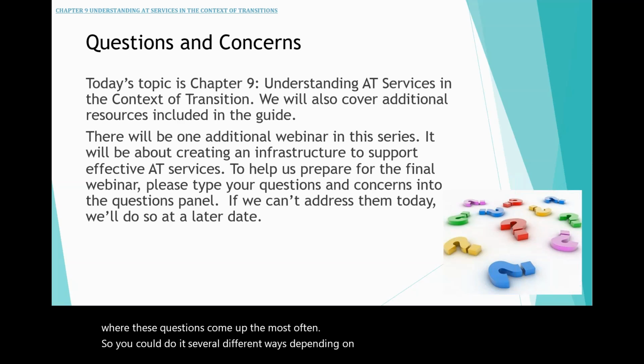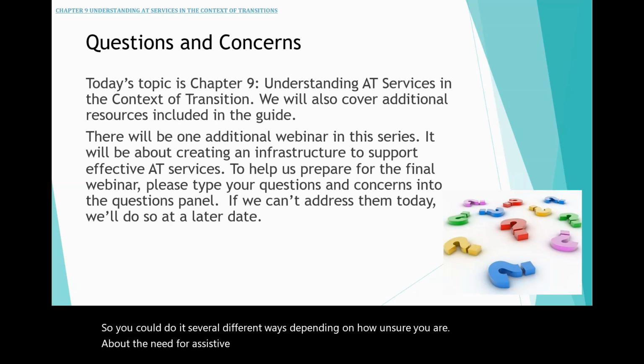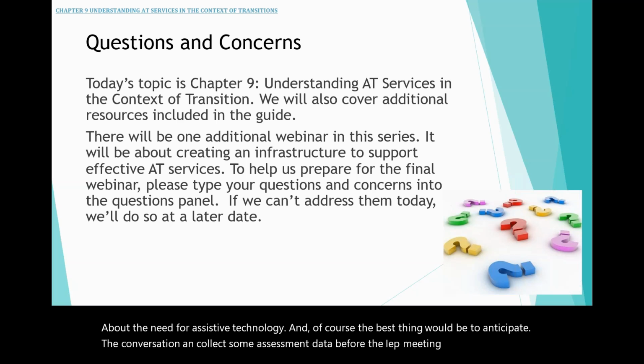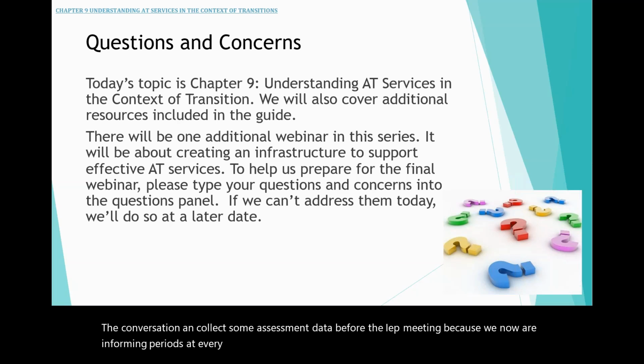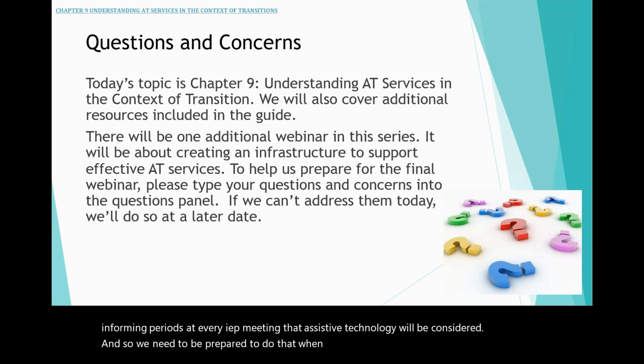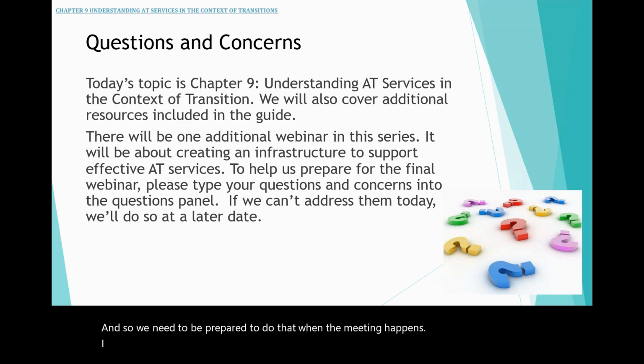So you could do it several different ways depending on how unsure you are about the need for assistive technology. And of course, the best thing would be to anticipate the conversation and collect some assessment data before the IEP meeting, because we now are informing parents at every IEP meeting that assistive technology will be considered. So we need to be prepared to do that when the meeting happens.